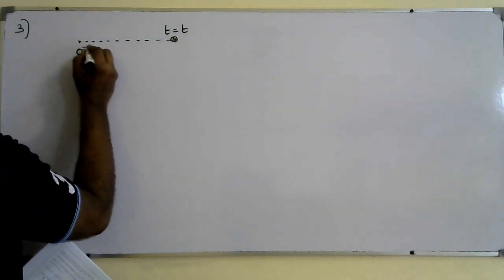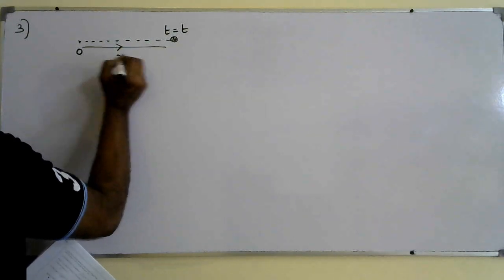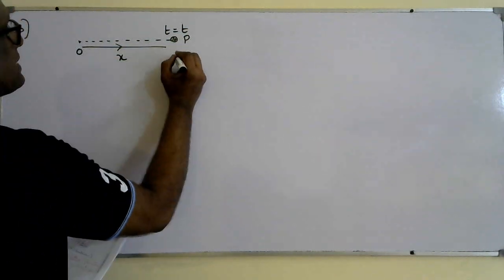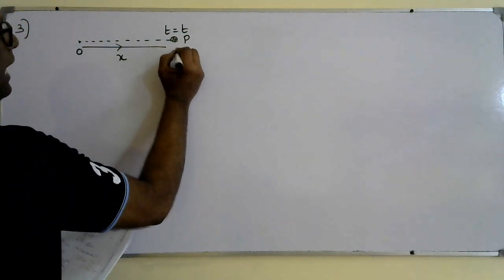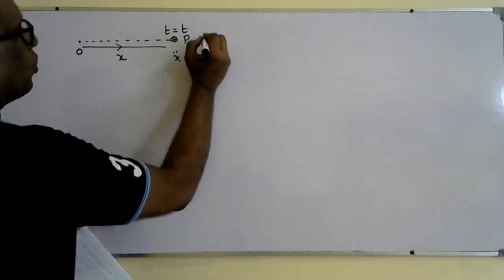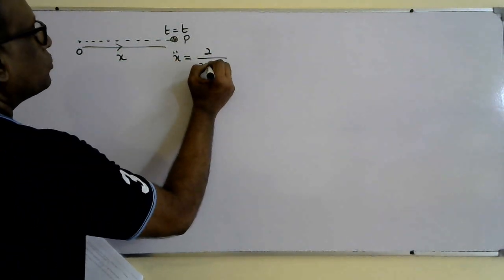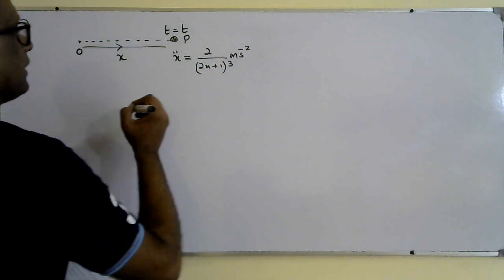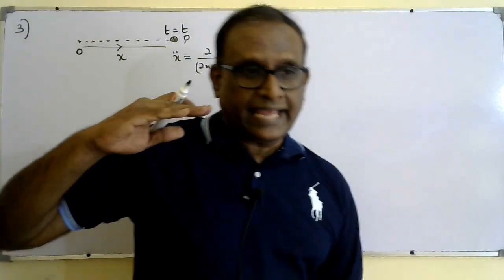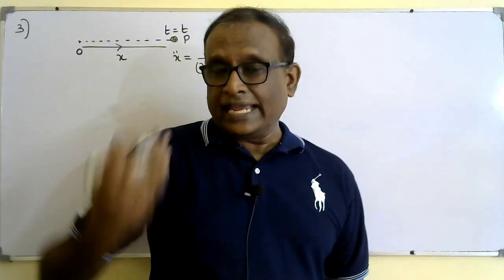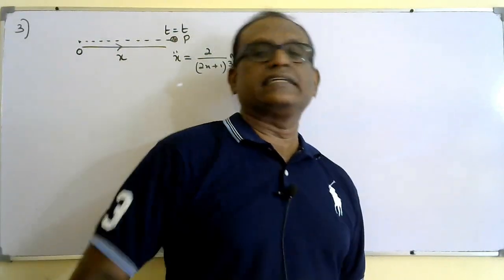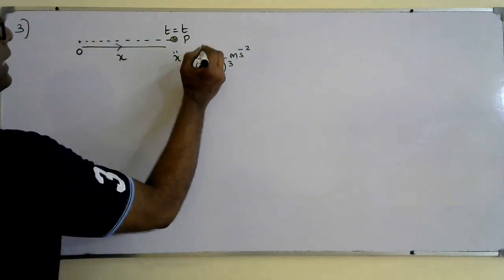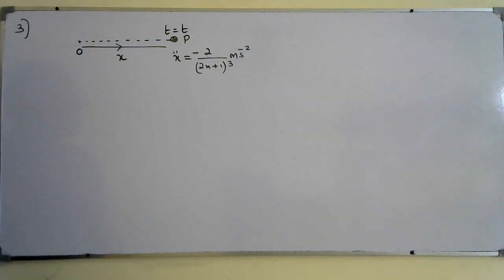So x is measured in this direction, x meters from O, the particle is P, and it has an acceleration, x double dot I'll put it, equal to 2 over (2x plus 1) all cubed meters per second squared towards O. So we take x in this direction, we should take any quantity along the increasing direction of x as positive, but they are saying it's towards O, which means it must be a negative quantity.